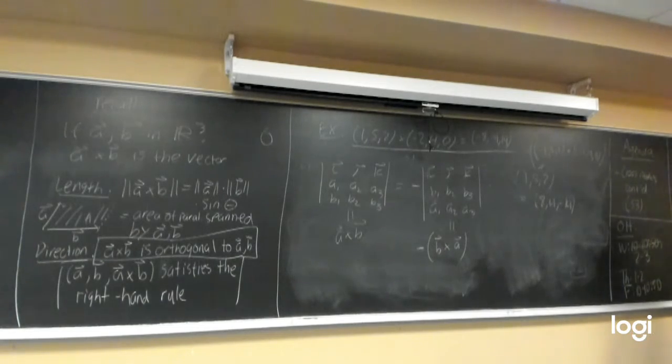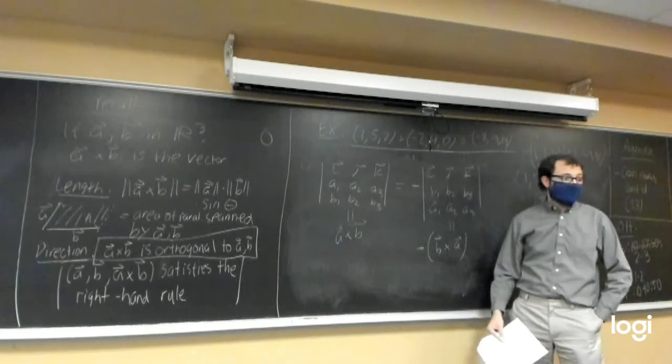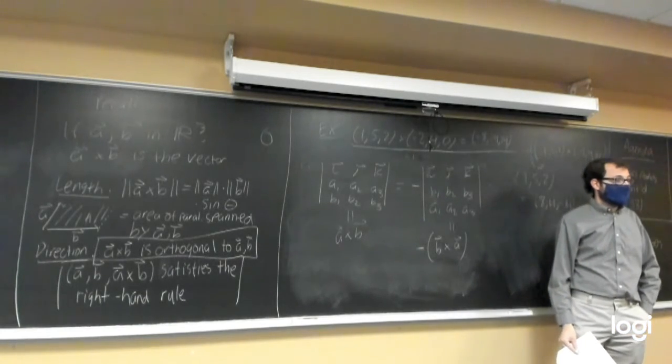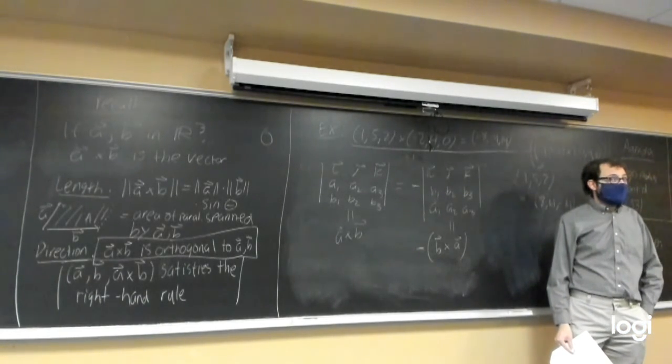So the top row of the determinant here, the i, j, k, that's also a matrix, isn't it? So is that why we get a vector as a determinant instead of a scalar?